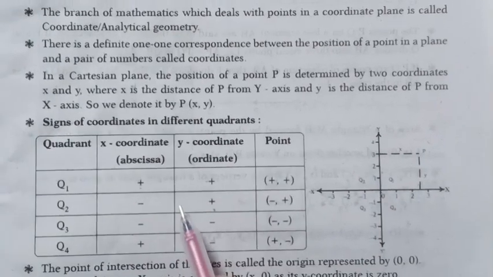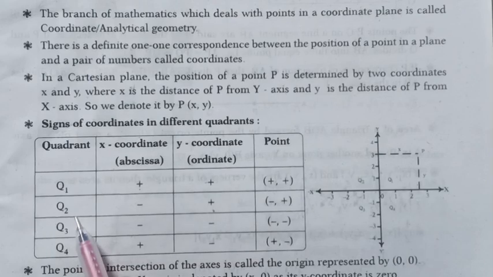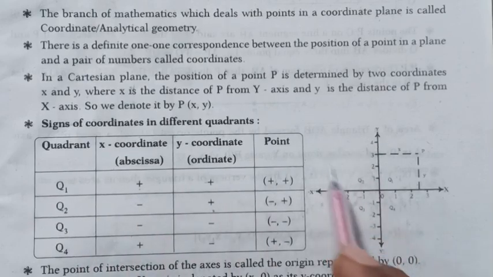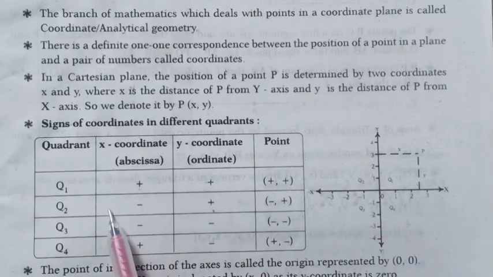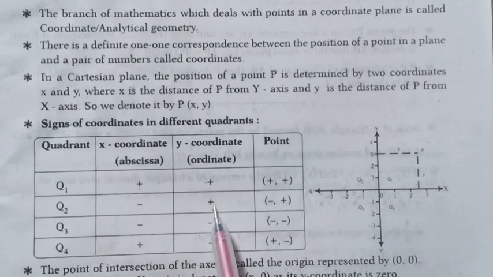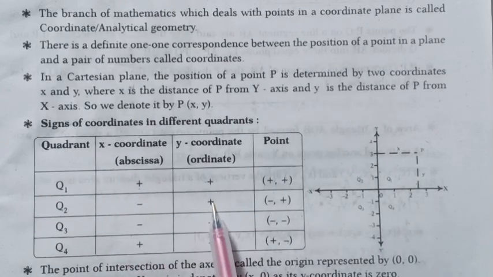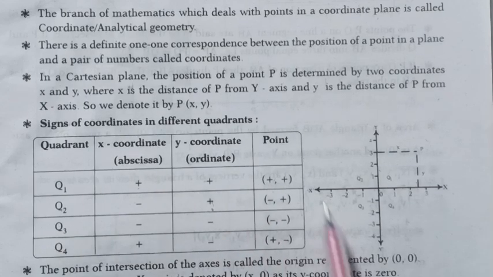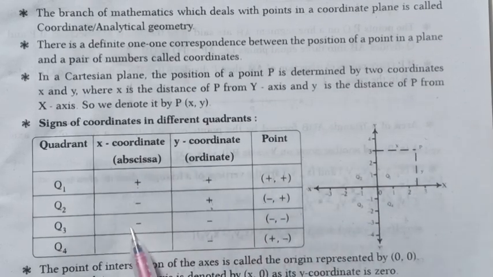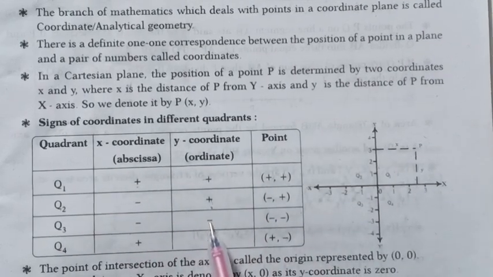So that is plus plus. Quadrant 2 is formed by x minus axis, y plus axis. That means minus plus. And quadrant 3 is formed with minus minus, and 4 is formed with plus minus.